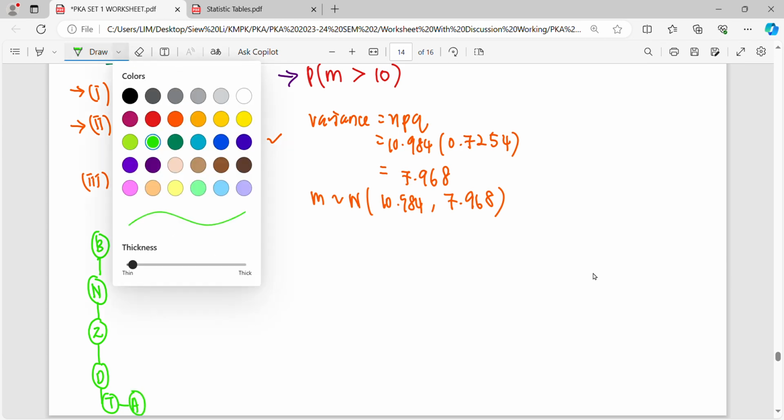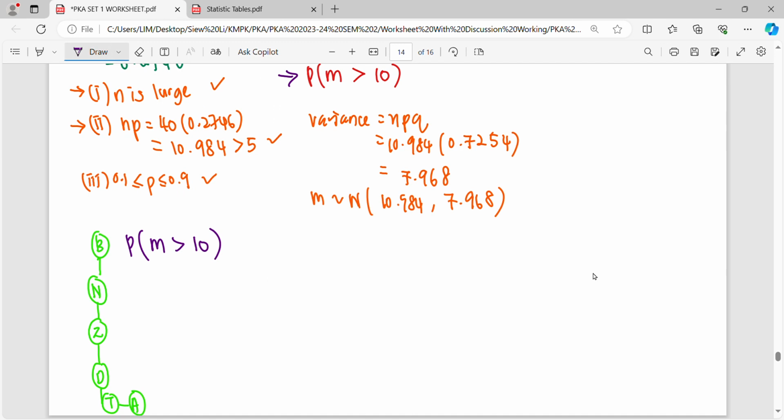So from binomial changing to normal, what do we need to do? From discrete change to continuous, from whole numbers to decimal numbers. It will be CC, continuity correction, whether plus or minus 0.5.